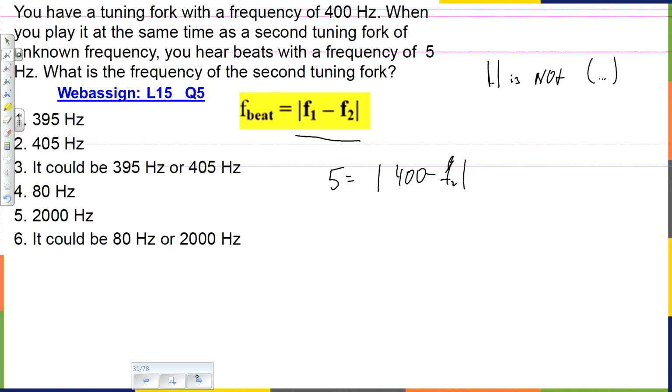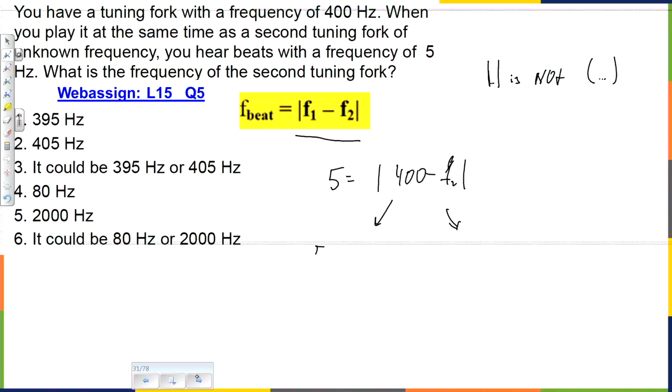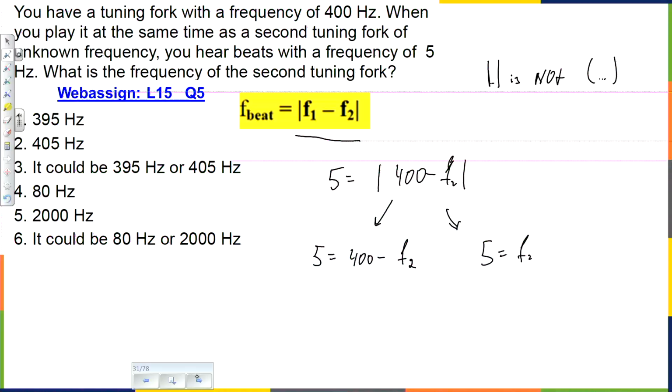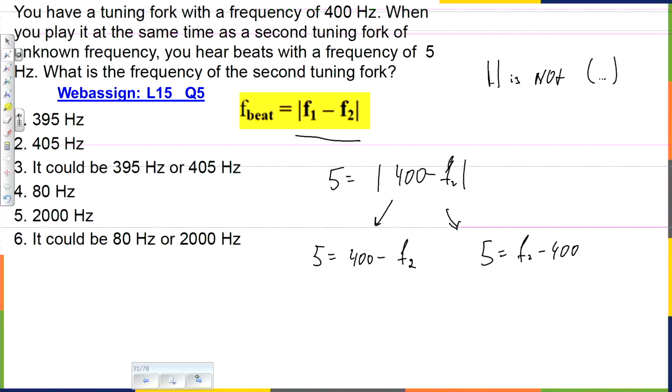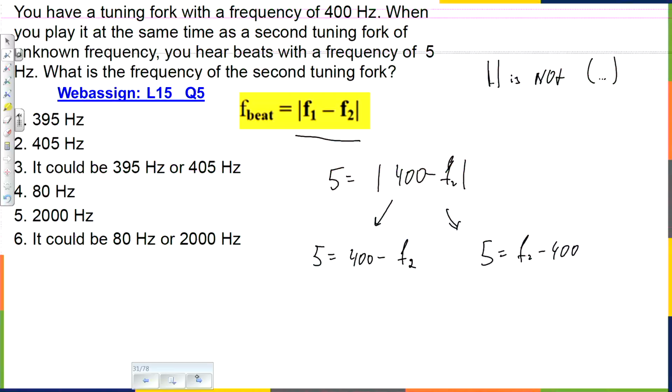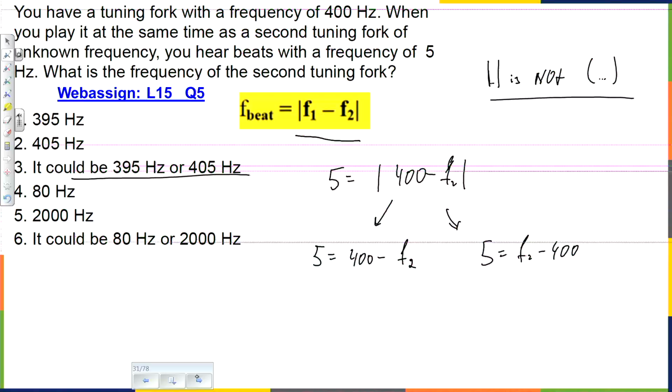The magnitude of a positive number is a positive number, but the magnitude of a negative number is also a positive number. So technically what we have here is 2 possibilities. That's one. That's another one. And if we have 2 possibilities, we have 2 possible answers. That's it. Any questions?